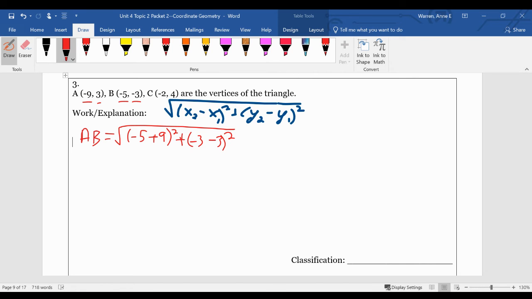When it comes to evaluating this, because there were some mistakes on the last graded warm-up that I handed back yesterday, still with simplifying this from here or evaluating it from here, just be really careful in terms of signs, in terms of what you are squaring.